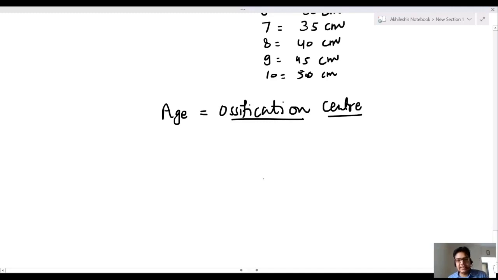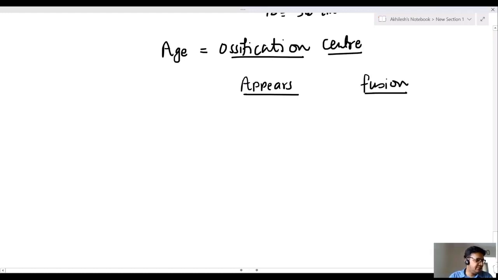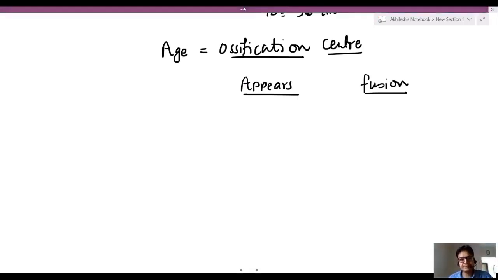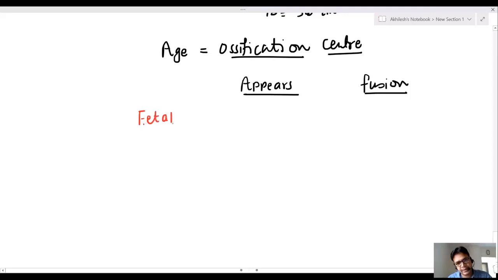First we'll see the appearance of ossification centers, then we'll see fusion. Now, appearance in fetal life. This is a very important MCQ: which is the first center that appears in fetal life?